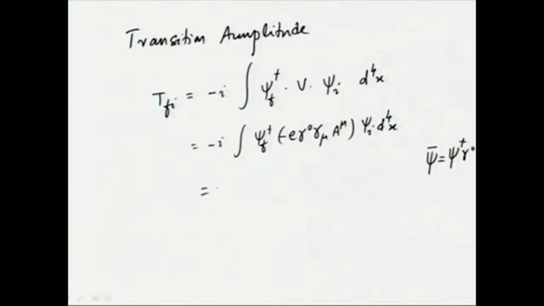So I have minus i integral minus e psi bar gamma mu psi A mu, with psi f and psi i, d4x.